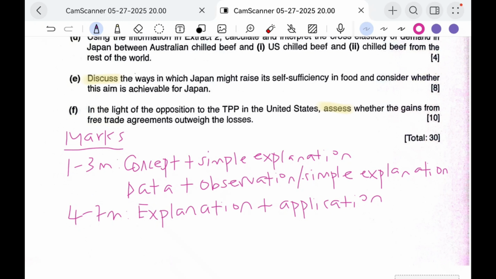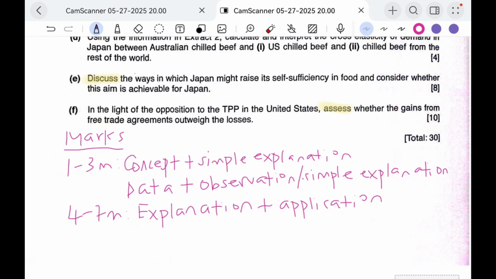Econs is a lot about, given a scenario, use concepts to explain how this happened, or given a problem, use policies to explain how this can be mitigated. So it's a lot about explaining something or problem solving. You will see a lot of application of concepts to explain a certain problem or phenomenon. Okay, so 4 to 7 mark. Again, your 4 to 7 mark is also what you need to score, because this is content.